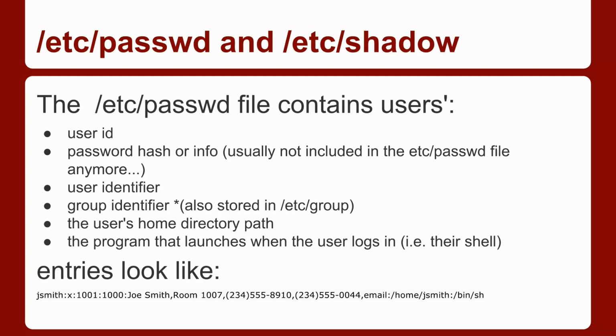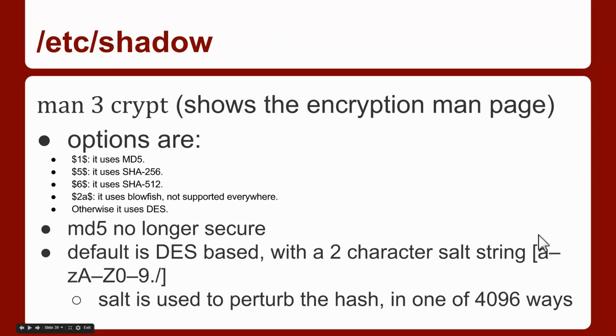It would contain the user identifier, the group identifier, the user's home directory path, and the default program that launches when the user logs in. And the entries typically are colon delimited and look like this. May have other metadata like room, phone number, etc.